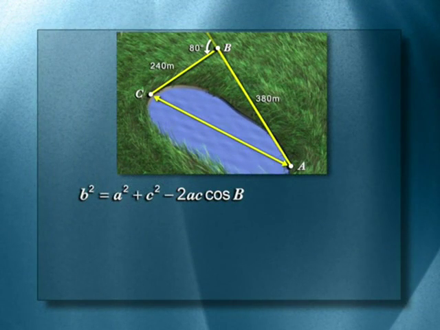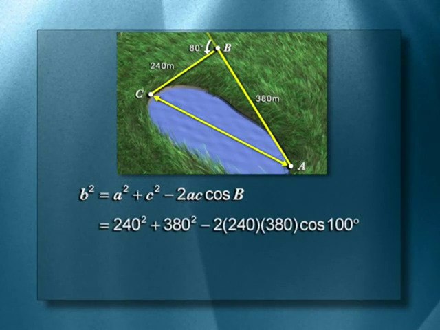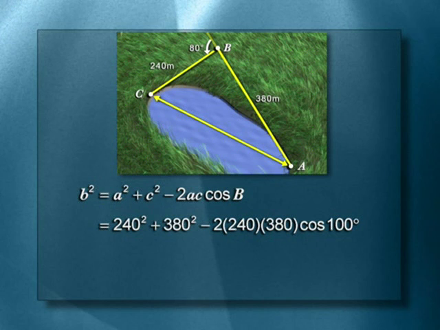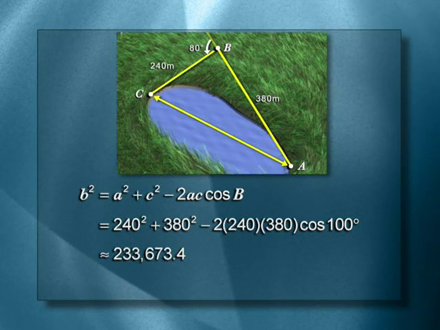B squared equals A squared plus C squared minus 2AC cosine B. That's a statement of the law of cosines. And plug in the characters, 240 squared plus 380 squared minus 2 times 240 times 380, times the cosine of the included angle, which was 100 degrees. Punch that on our calculator, we get a big number, 233,673.4.